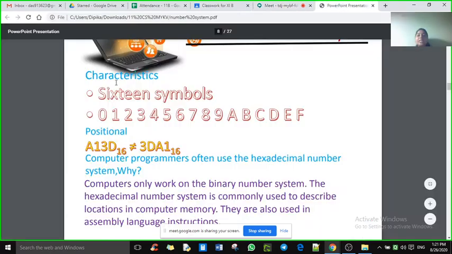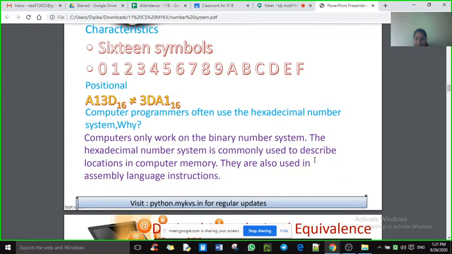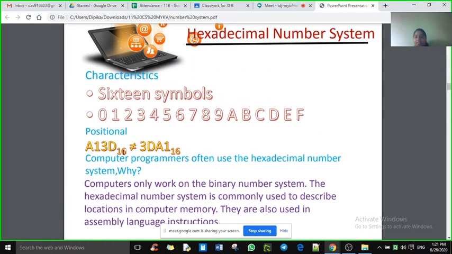Now another number system is hexadecimal. Yes, Shrisha, read the characteristics of the hexadecimal number system. 16 symbols: 0, 1, 2, 3, 4, 5, 6, 7, 8, 9, A, B, C, D, E, F. Correct. Now this represents base 16. It means the number is in the hexadecimal number system, and each digit has its own positional value.